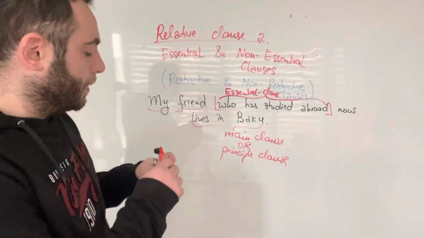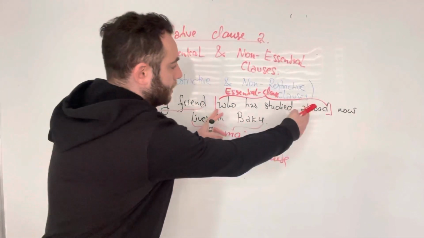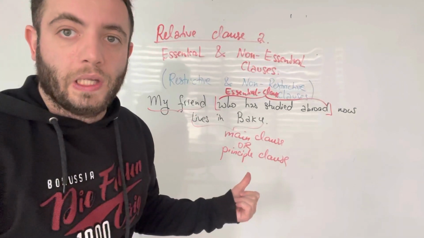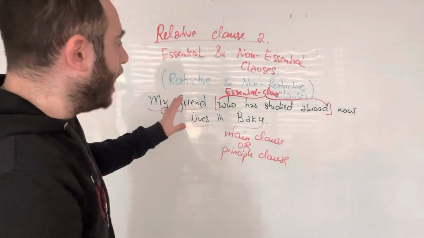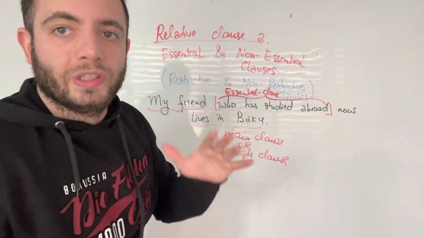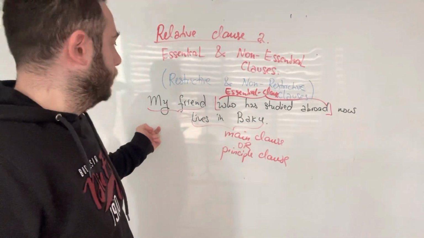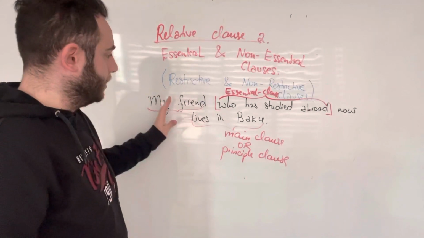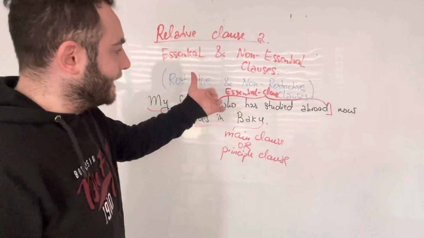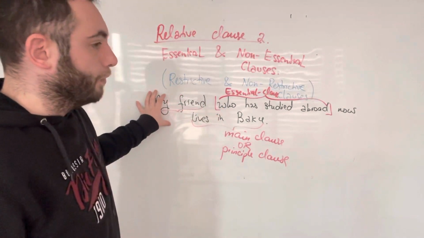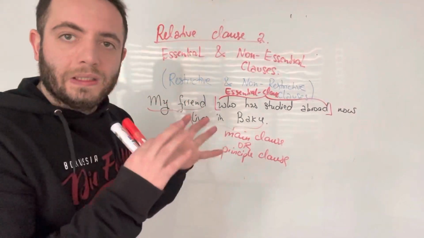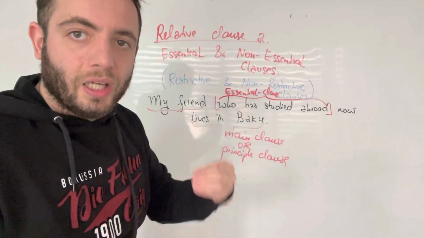It means that if you remove the essential clause from the sentence, you will lose the meaning. So you have to keep it there to be clear to somebody asking you the question. Because you were asked about the friend, and you are meant to describe your friend, his experience, for example, in detail.